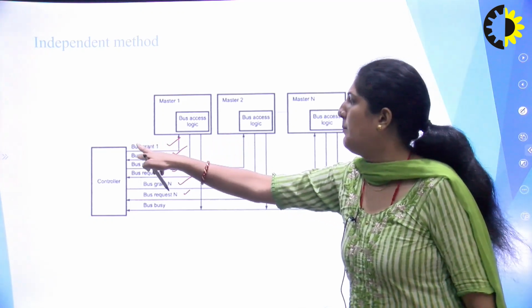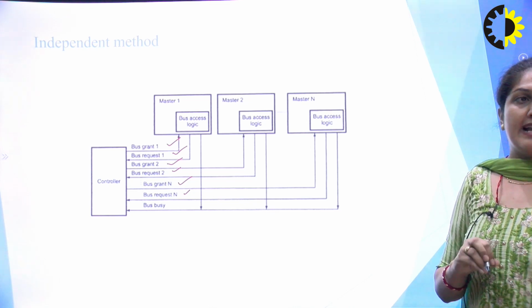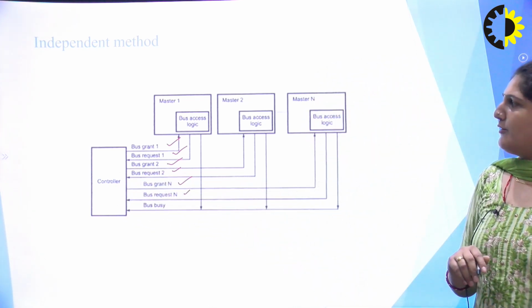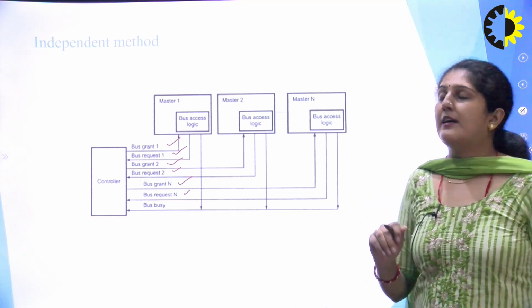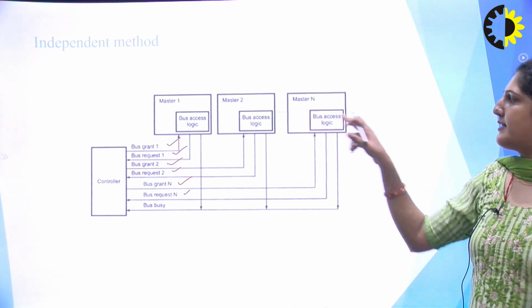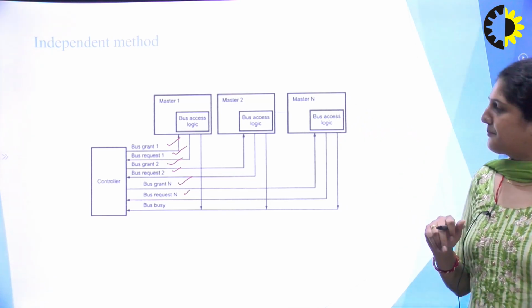Everyone has their own bus request and bus grant lines. So the controller will choose with the help of an inbuilt priority decoder.